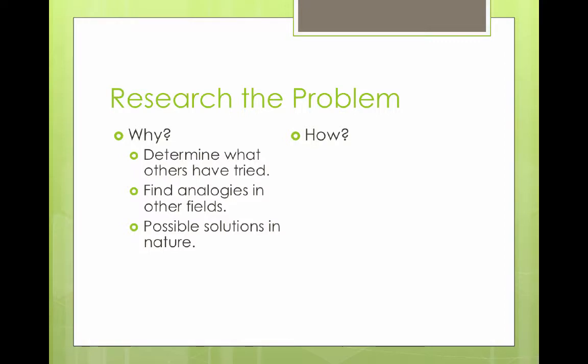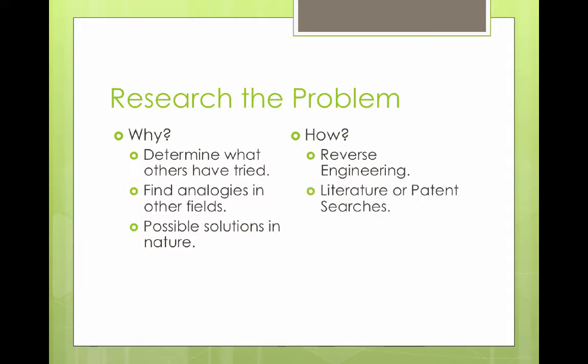So how do we do this research? Well, what are the resources that we have? We can reverse engineer things, take something that we know is a solution and take it apart, see how it works. We can look to articles in journals or textbooks or patent searches.